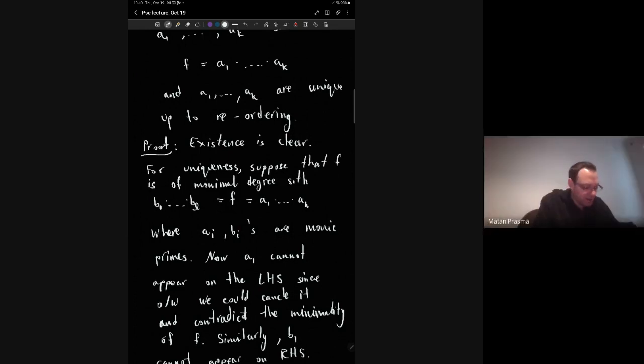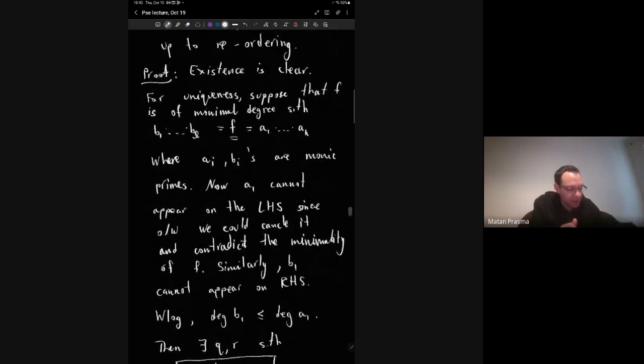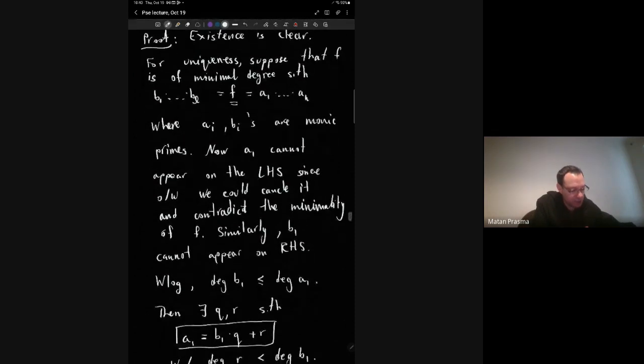So I assume that f is such, but with a minimal degree. Of course, it does not mean that f is the only one, because possibly there could be two different polynomials, f1 and f2, that have different factorizations, and both of them are of equal degree, right? But all I need is one. So I assume f is such.